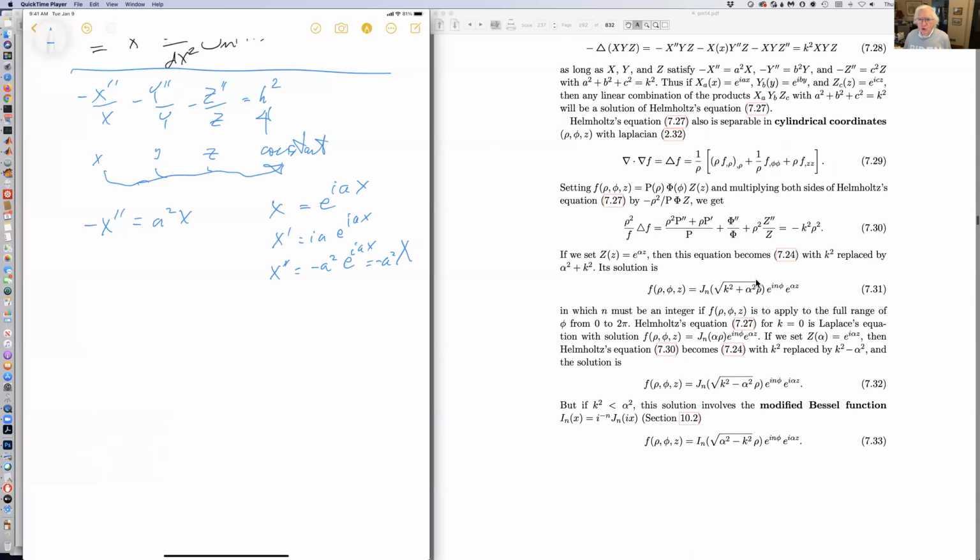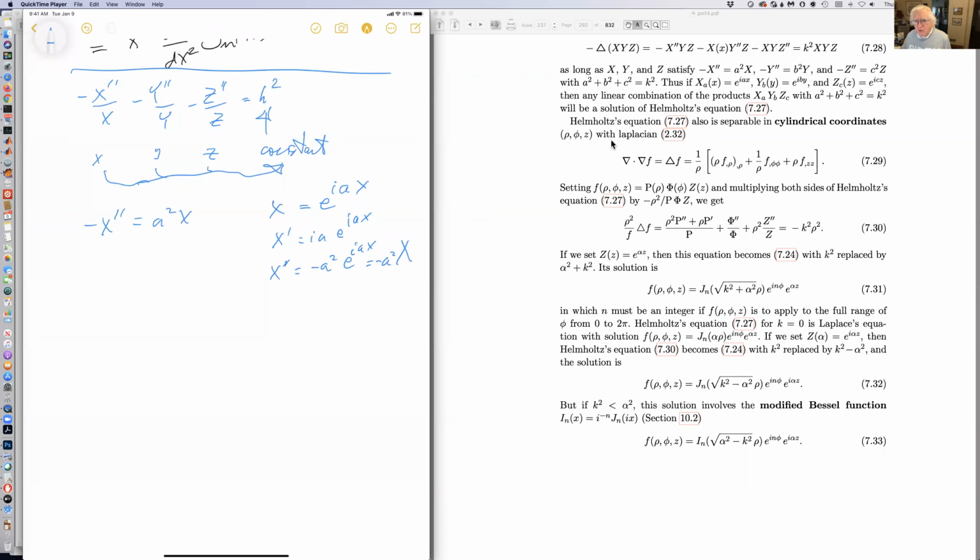In cylindrical coordinates, it's similar. The Laplacian in cylindrical coordinates in 3 dimensions looks like this.